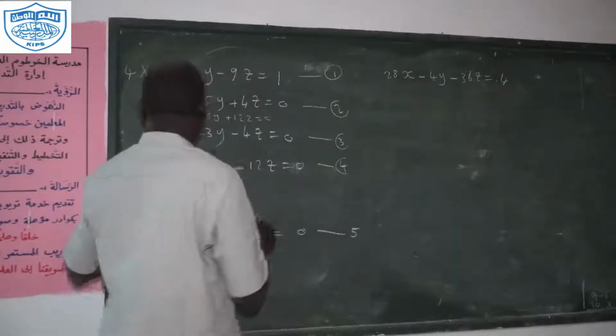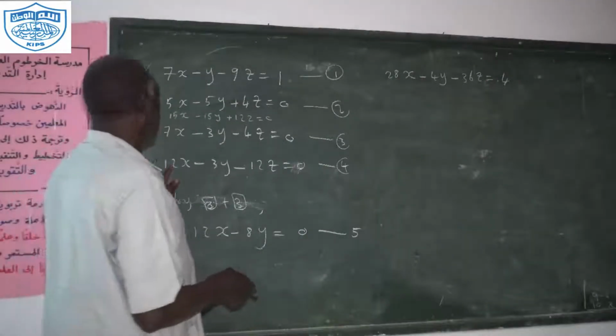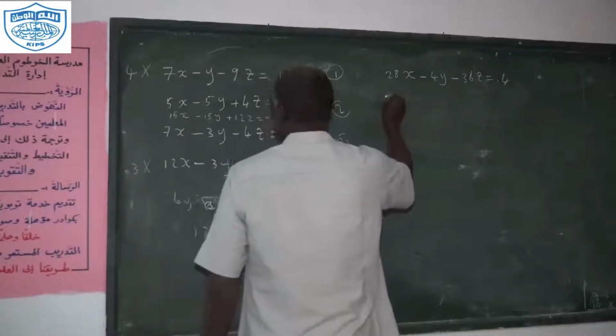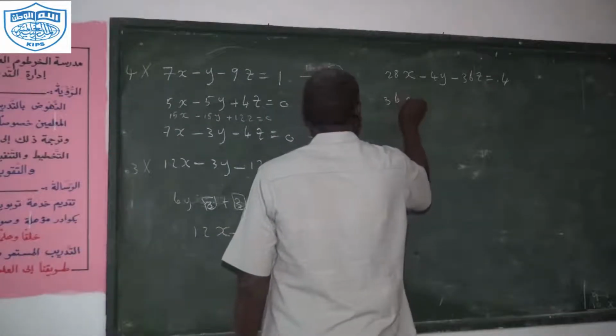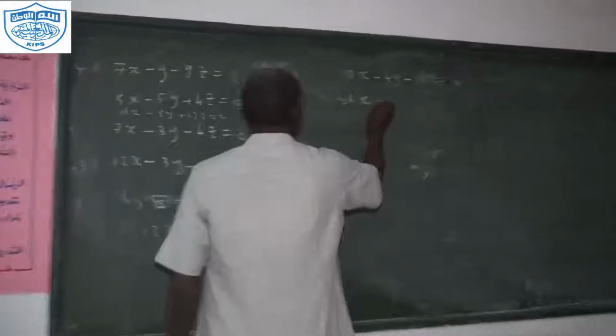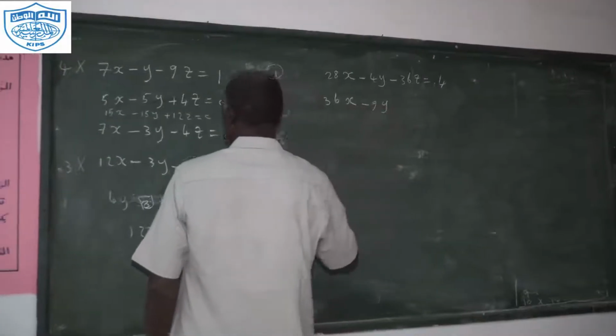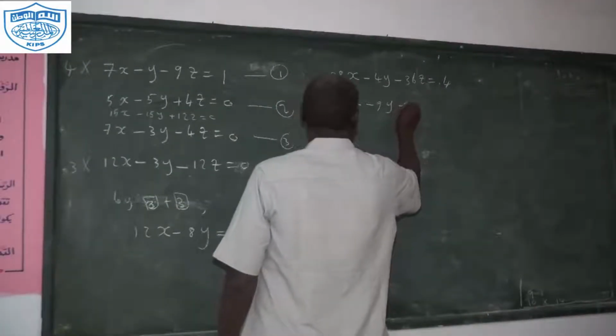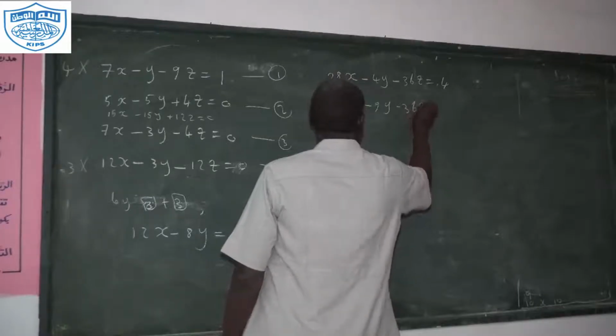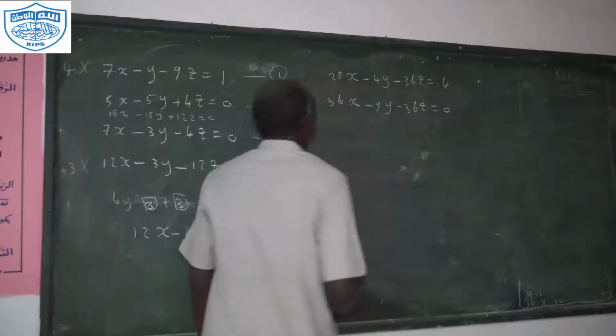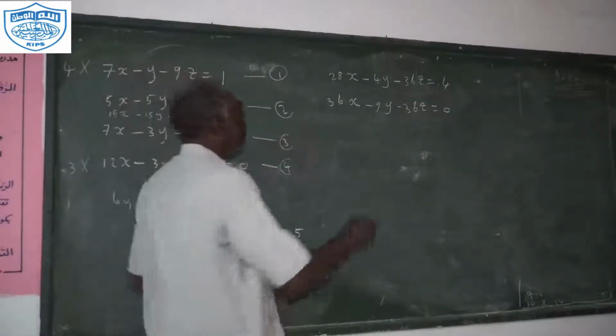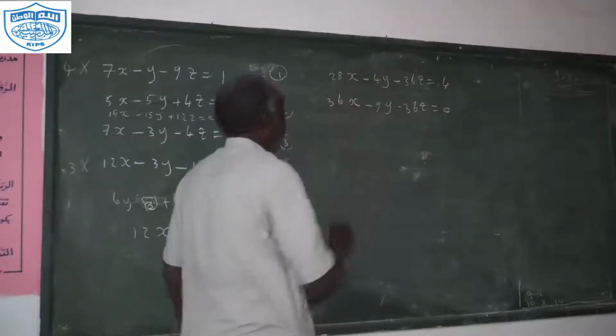The last equation, multiply by 3: 3 times 12 equals 36x, minus 9y, minus 36z equals 0. By subtraction, subtract this minus this one.